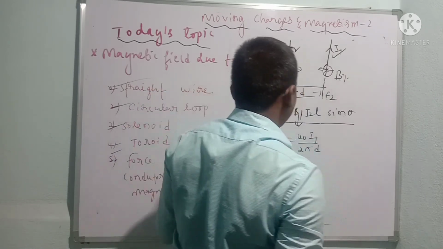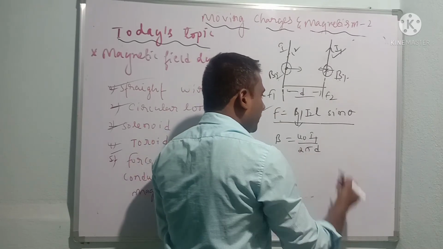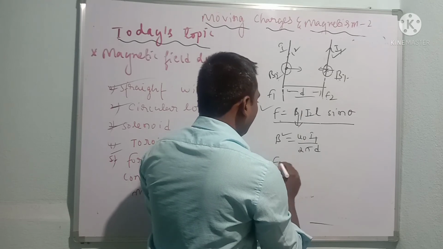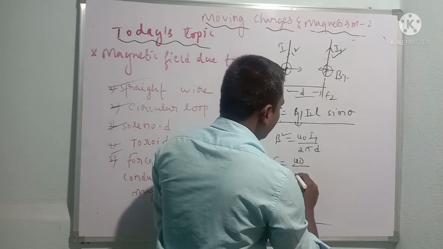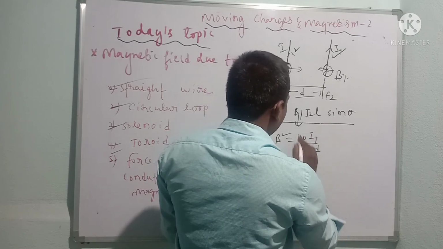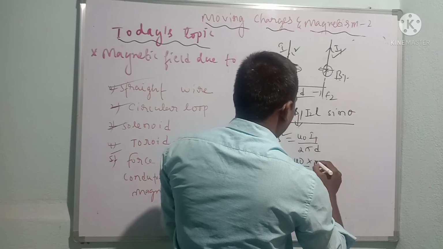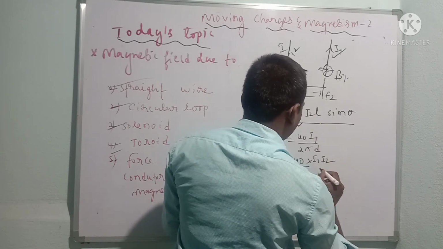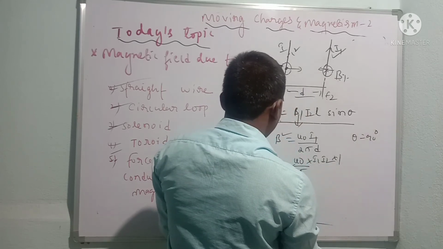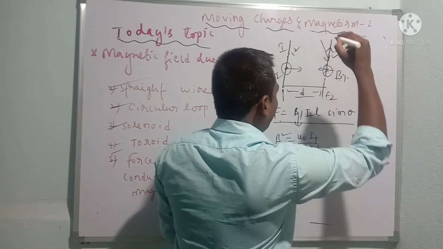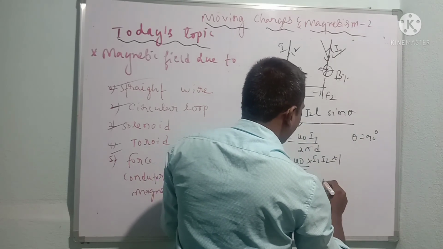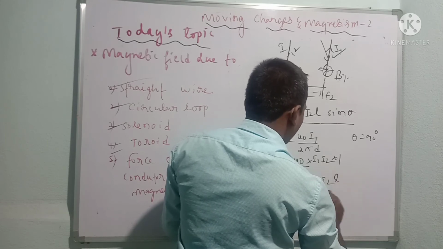So B becomes mu naught I1 by 2 pi d. If I substitute this here, what does it become, children? F = mu naught by 2 pi into I1 I2 into L. If theta is equal to 90 degrees, the force acting on this length of the wire is equal to mu naught by 2 pi I1 I2 into L.